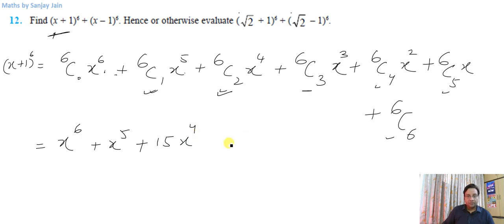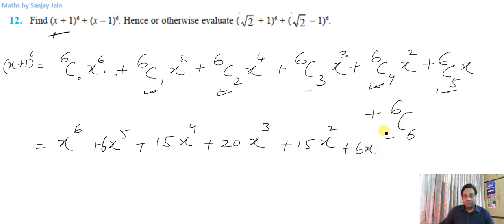This was 20. I hope by now you have memorized these. 6c4 is 15, right? x squared. 6c5 is 6c1, which is 6, so 6x. This is 1.